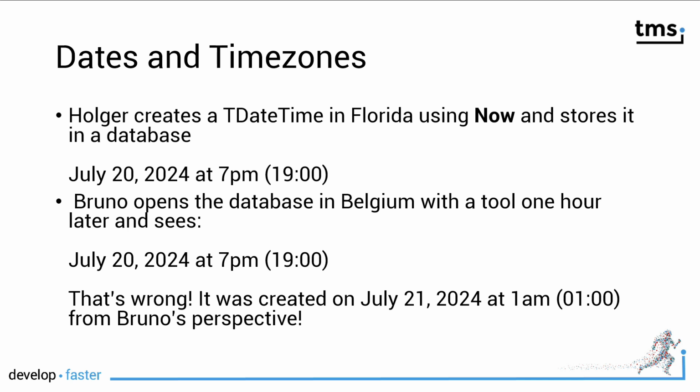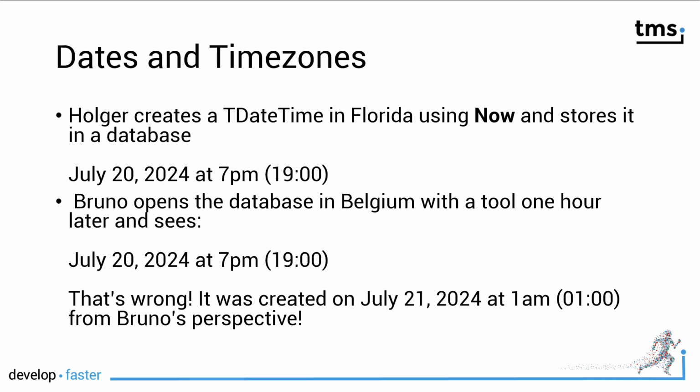And this date value is July 20th, 2024 at 7 p.m., at 1900 hours. And that's just wrong, because from Bruno's perspective, that record or that value was created on July 21st, 2024 at 1 a.m. in the morning, or 0100 hours.